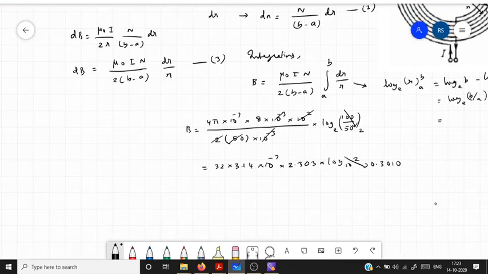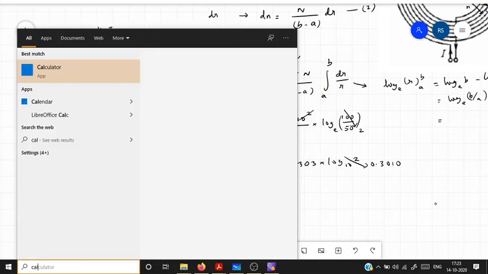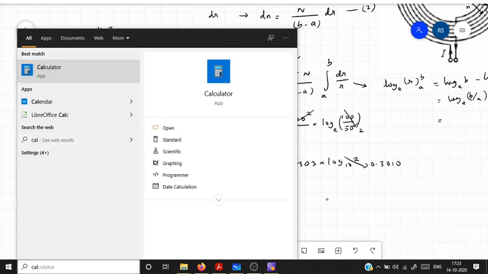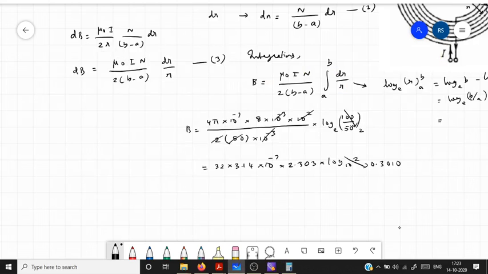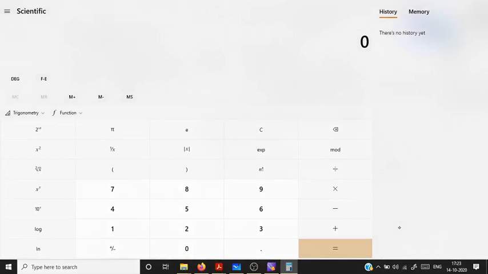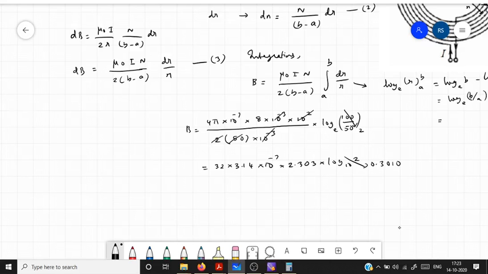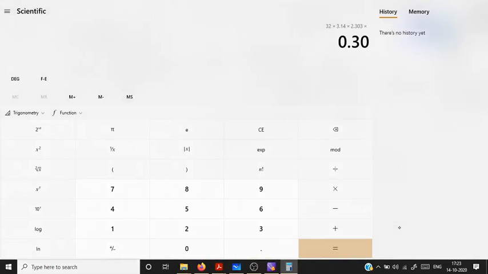We can find these values and check them out. So the values that we have to multiply are 32 into 3.14 into 2.303 into 0.3010.